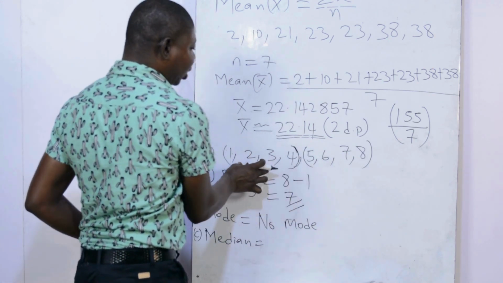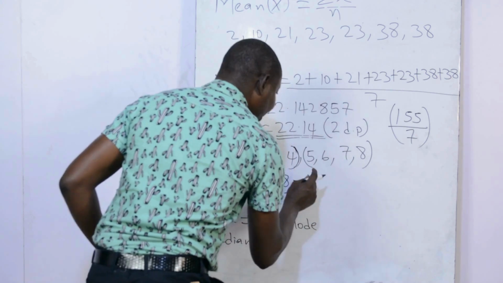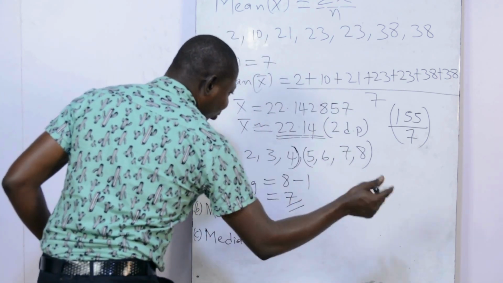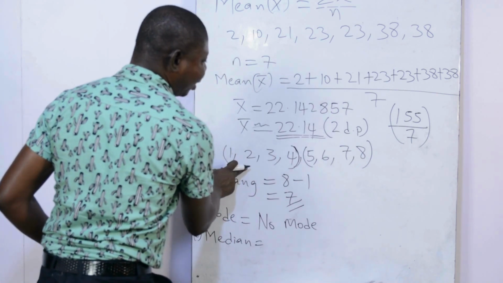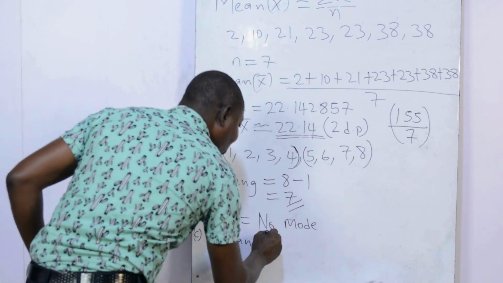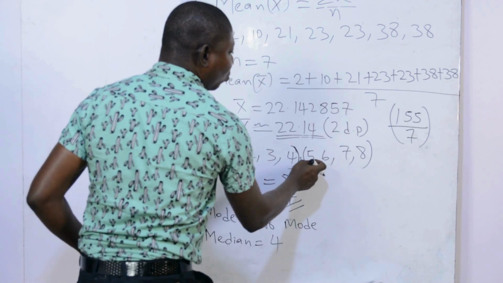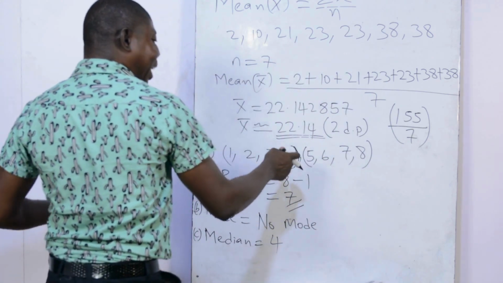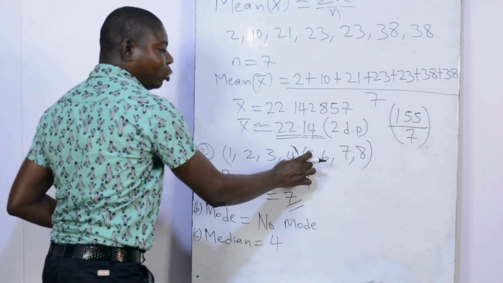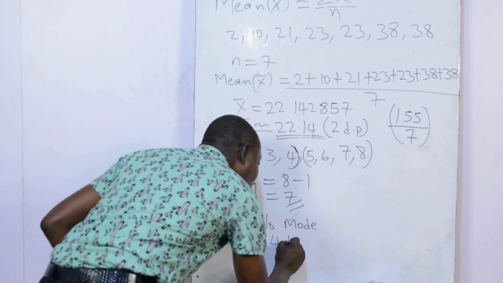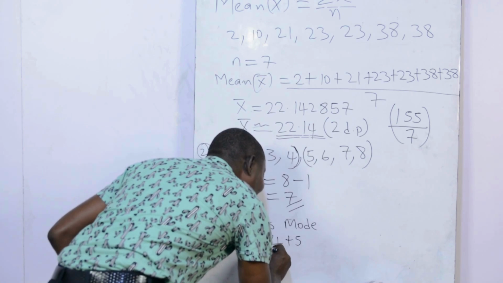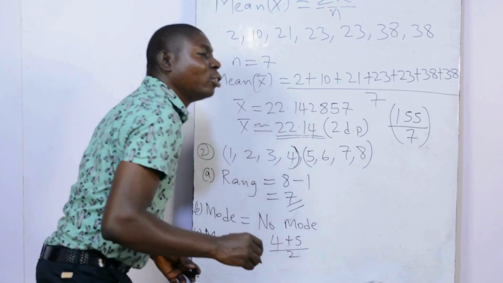Then this one will release 1 for us, the last one, which is 4. Then this one will release the one that falls in the middle. We will take the 2 together, so 4 plus 5, and then divide everything by 2.